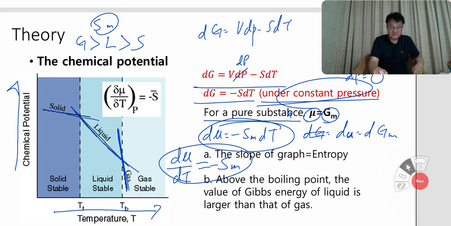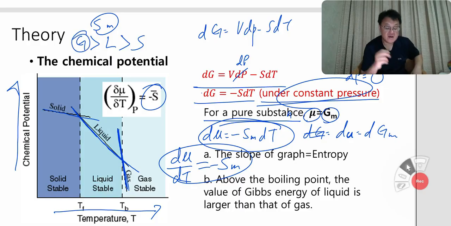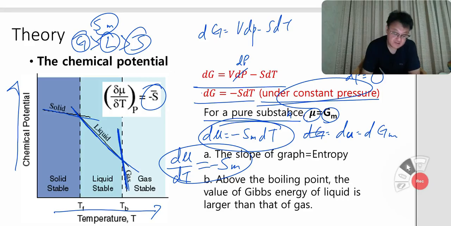So, considering that the negative value of this slope corresponds to the entropy, and that the entropy of gas is the highest, liquid next highest, and that of solid the lowest, then you understand that this curve corresponds to the chemical potential change of the gas phase as a function of temperature, that of liquid, okay, that of solid, okay.